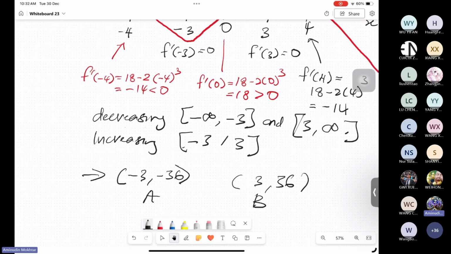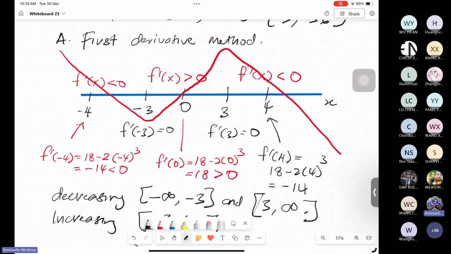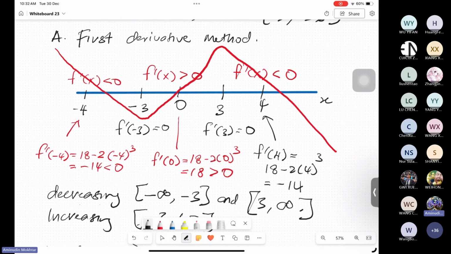Okay, first, based on the first derivative method, we can determine whether this point A is a minimum or maximum. We just check the change of the slope.